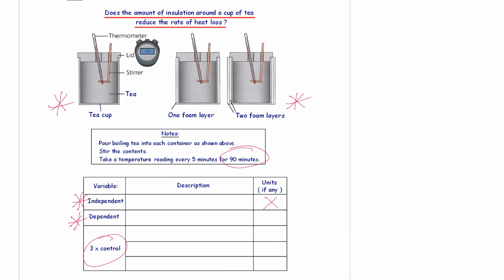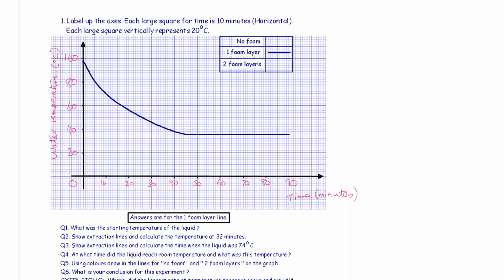So the room temperature, all of those are control variables.